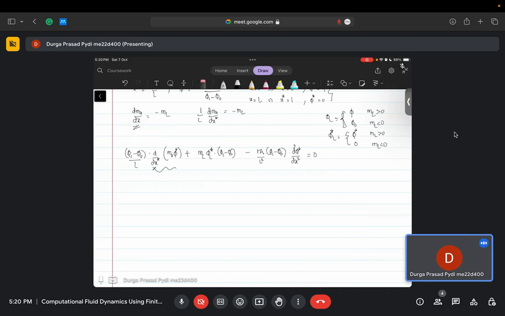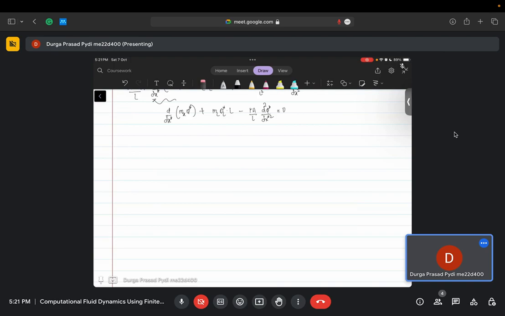So the equation becomes d/dx star of mx phi star, and then you have ml phi l star times L minus gamma L by l into d square phi star by dx star square.